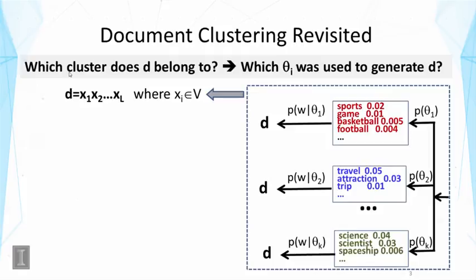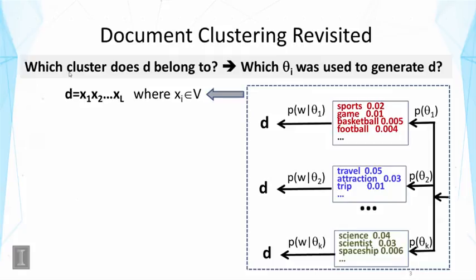And so this is a slide that we've talked about before about text clustering, where we assume there are multiple topics represented by word distributions. Each topic is one cluster. So once we estimate such a model, we face the problem of deciding which cluster document D should belong to. And this question boils down to deciding which theta i has been used to generate D.